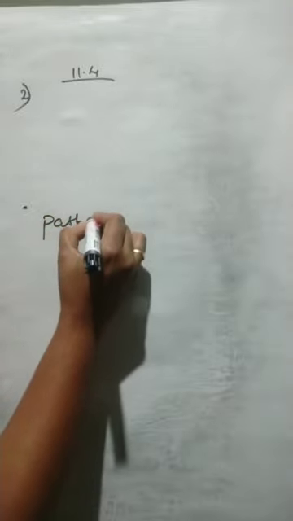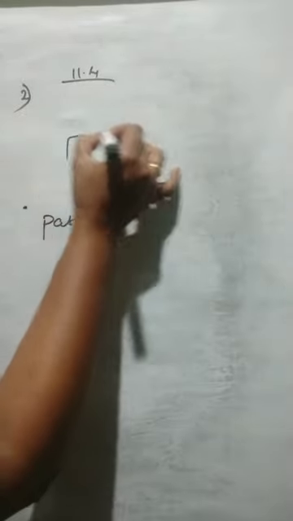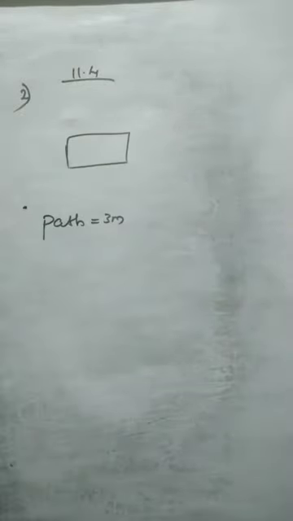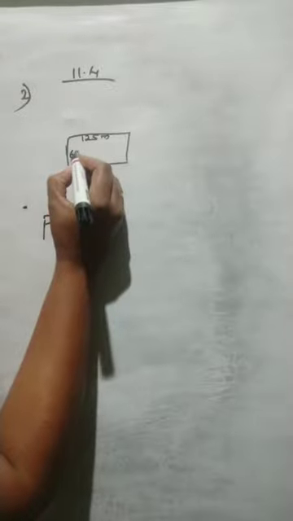Second question, a 3 meter wide path. So, path will be 3 meter. Okay, then runs around outside and around a rectangular park. So, there is one rectangular park with length 125 and breadth 65 meter.